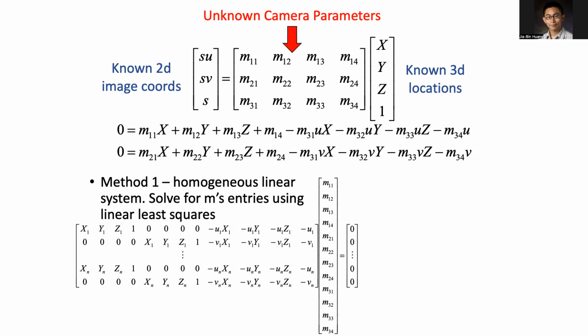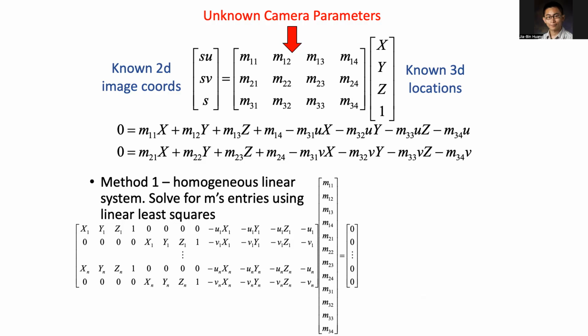That's a trivial solution that you want to avoid, because you don't know the scale. One simple choice is to impose a particular scale, for example that the L2 norm of this vector is 1. If we impose that scale, then you know how to solve it.